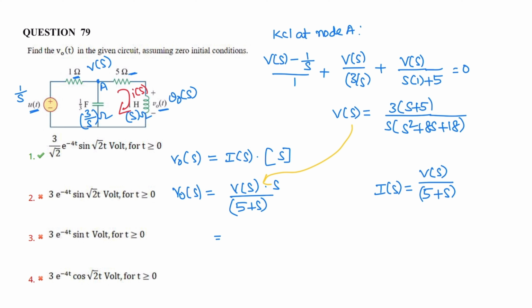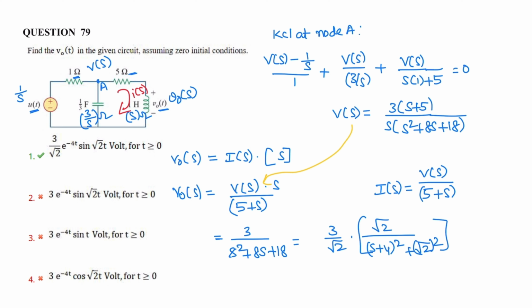So V naught of s will become 3 by s square plus 8s plus 18. It can be written as 3 by root 2 into root 2 over s plus 4 whole square plus root 2 whole square. The expression can be rearranged like this.